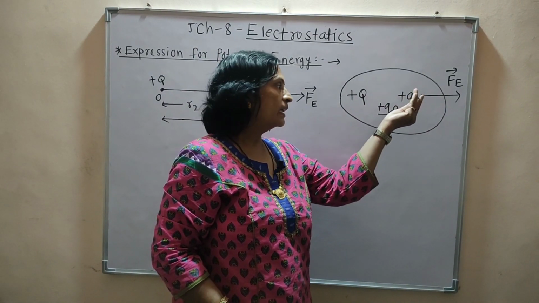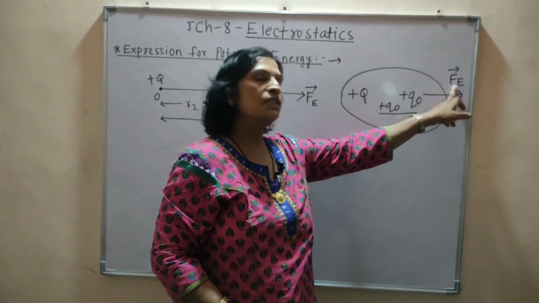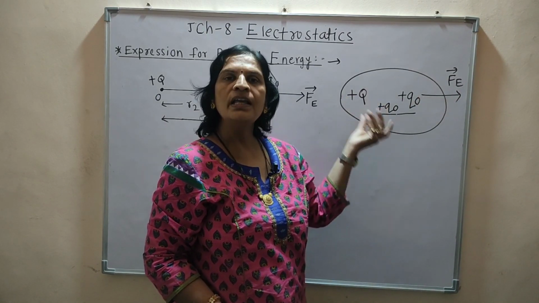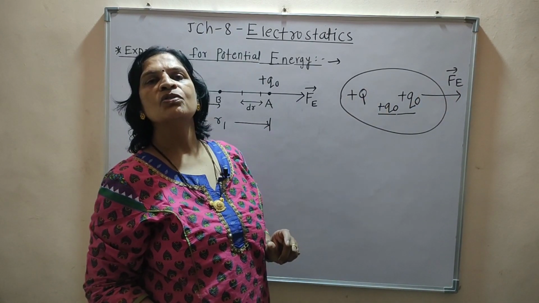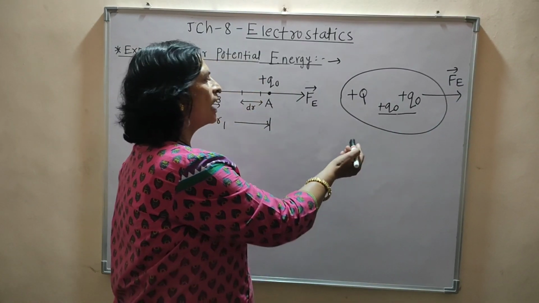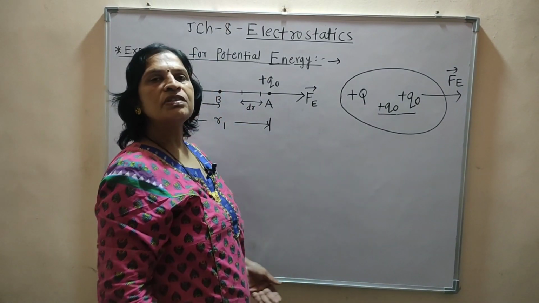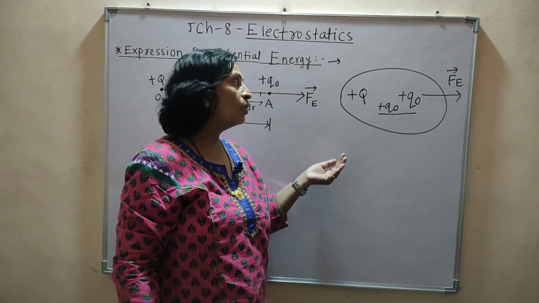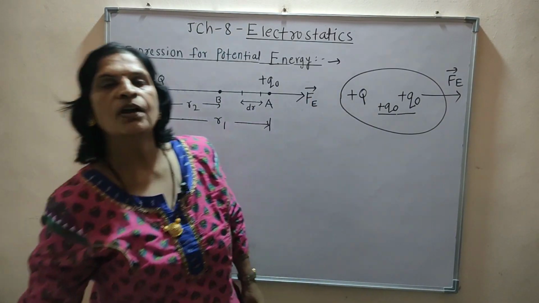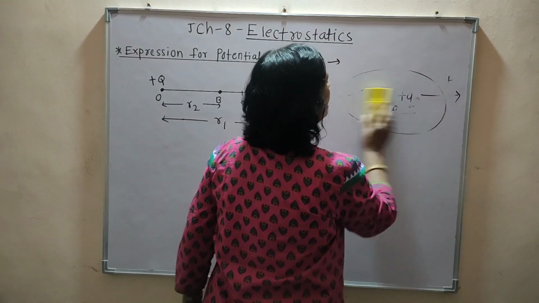At that time we have to perform work against this force of repulsion, and this work done is stored in the form of electrostatic potential energy. And when we travel in this direction, the electrostatic potential energy goes on increasing. Understood?